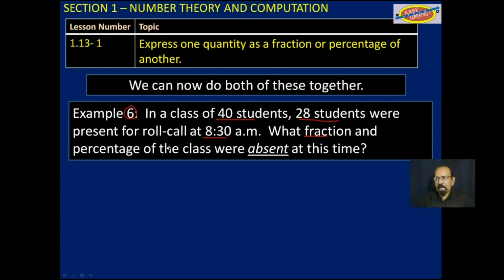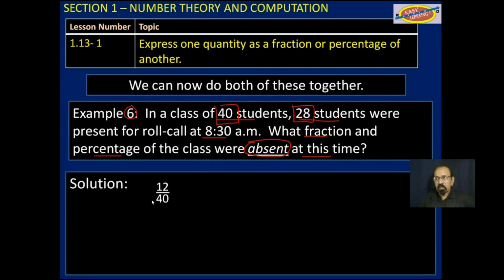Question 6. In a class of 40 students, 28 students were present for roll call at 8:30 a.m. What fraction and percentage of the class were absent at this time? Well, if 28 were present out of 40, that means 12 were not there as yet. So that will be 12 out of 40.